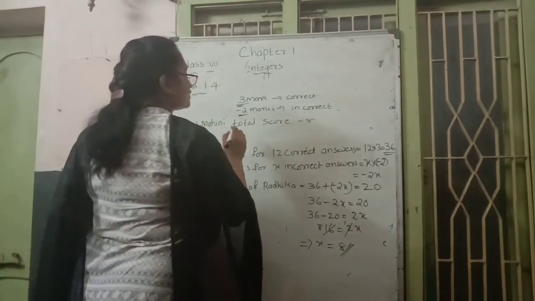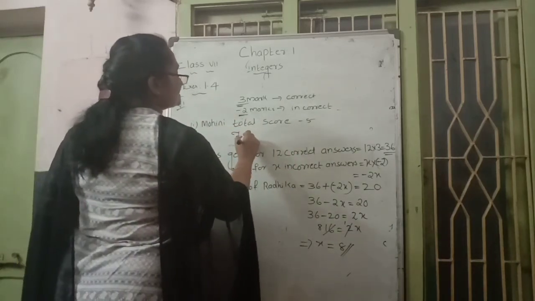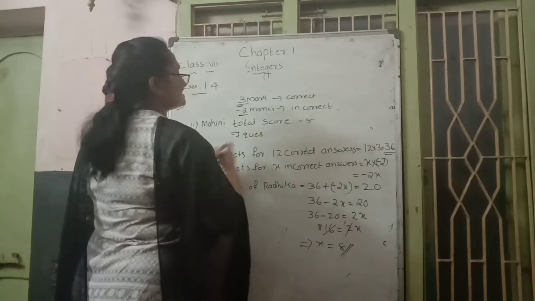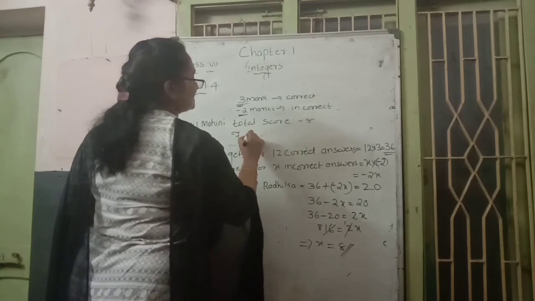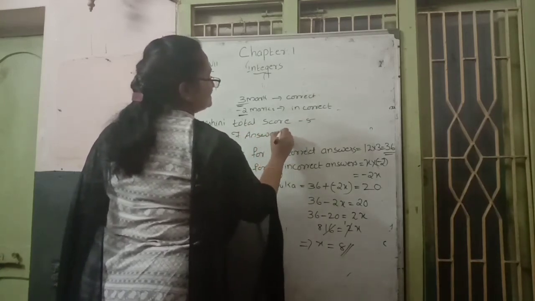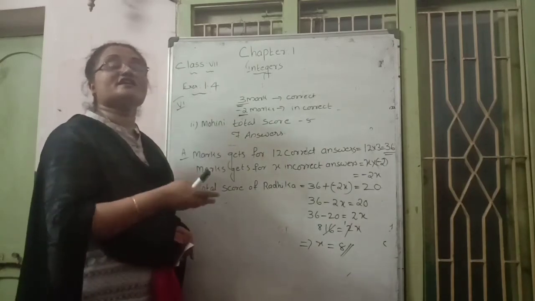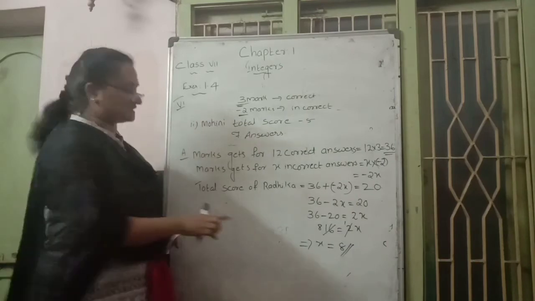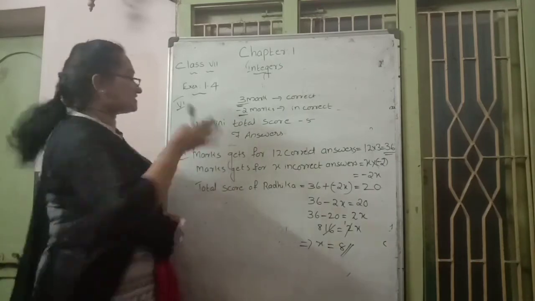She made 7 questions correct, so seven answers are correct. Here also they ask how many questions Mohini made a mistake in. Same procedure.